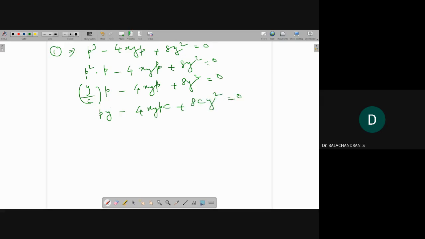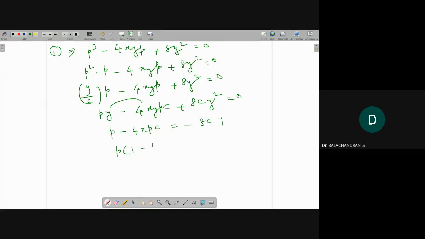So now collect the terms which contain p separately. Before that, we can divide throughout by y. So p minus 4xpc is equal to minus 8cy. I'll take p commonly.